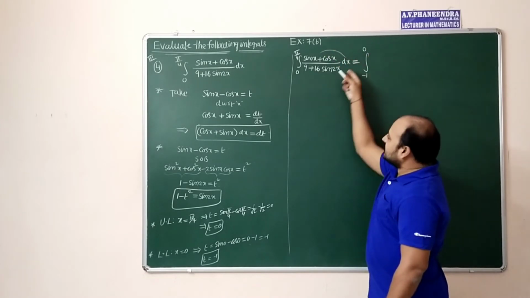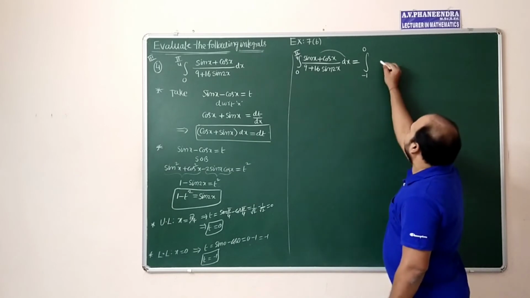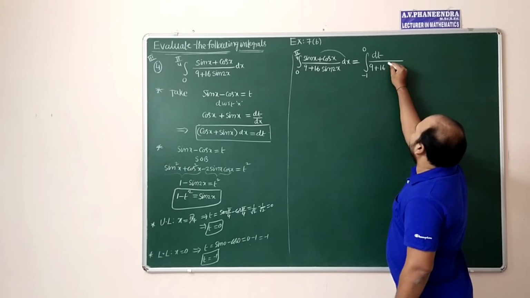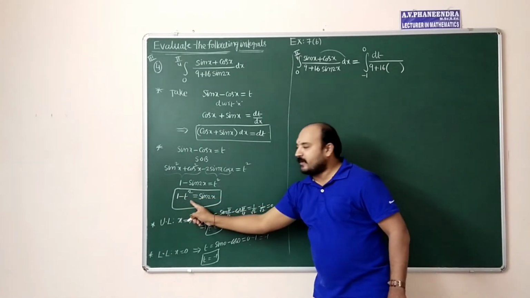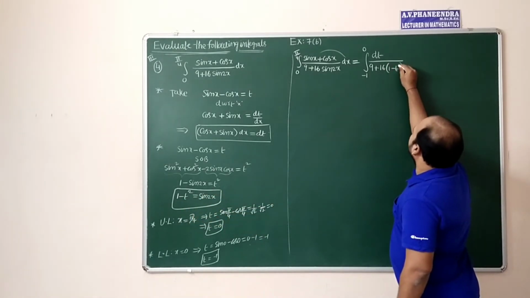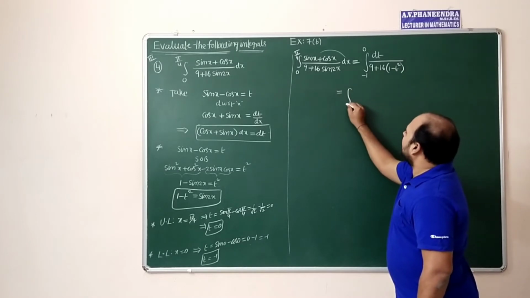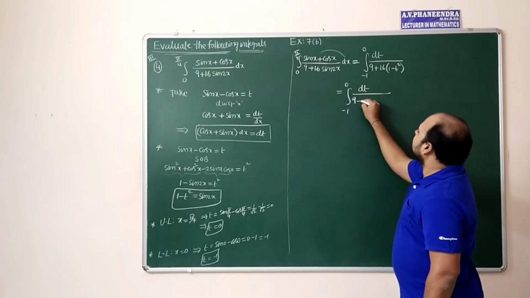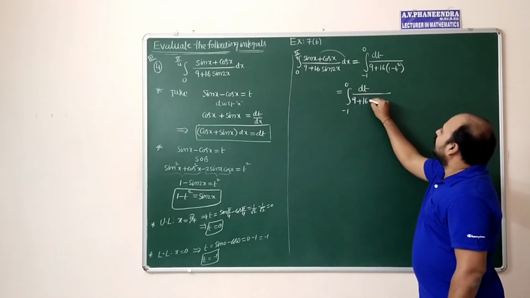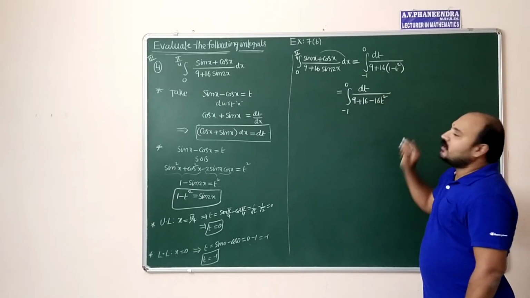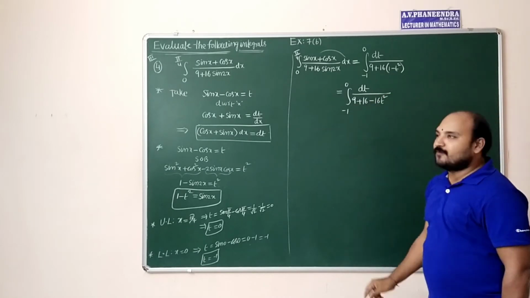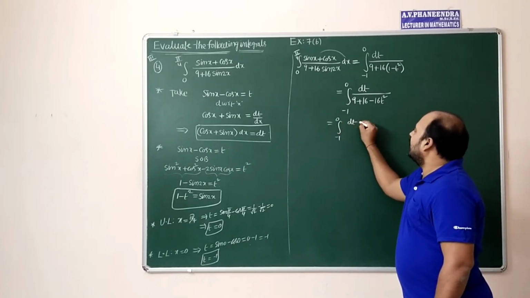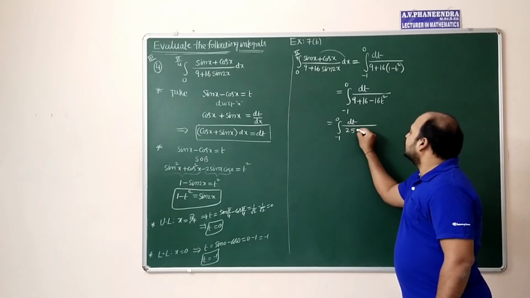In place of sin x plus cos x into dx, you have to replace with dt, divided by 9 plus 16 into, in place of sin 2x, you have to replace with 1 minus t square. So which is equal to integral minus 1 to 0 dt by 9 plus 16 into 1 is 16, minus 16 into t square is 16 t square. 9 plus 16 is 25, which is equal to integral minus 1 to 0 dt divided by 25 minus 16 t square.